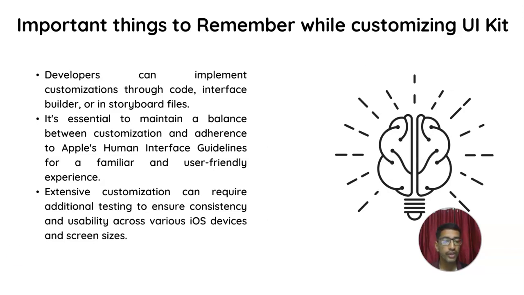To be able to fit perfectly on these screens, we have to make sure that our app is adaptive. And while customizing such an app, we also have to do additional testing to ensure consistency and usability of the app across various iOS devices.